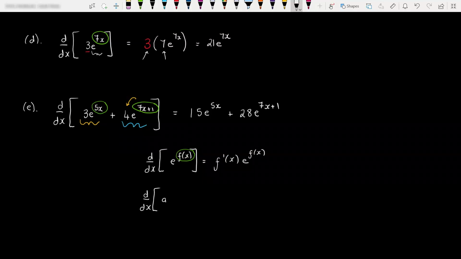If you differentiate a times e to the power of f of x, then all you're going to do is multiply the f prime of x with the a. So you're going to have a times f prime of x multiplied with e to the power of f of x. So feel free to let me know if you have any questions.